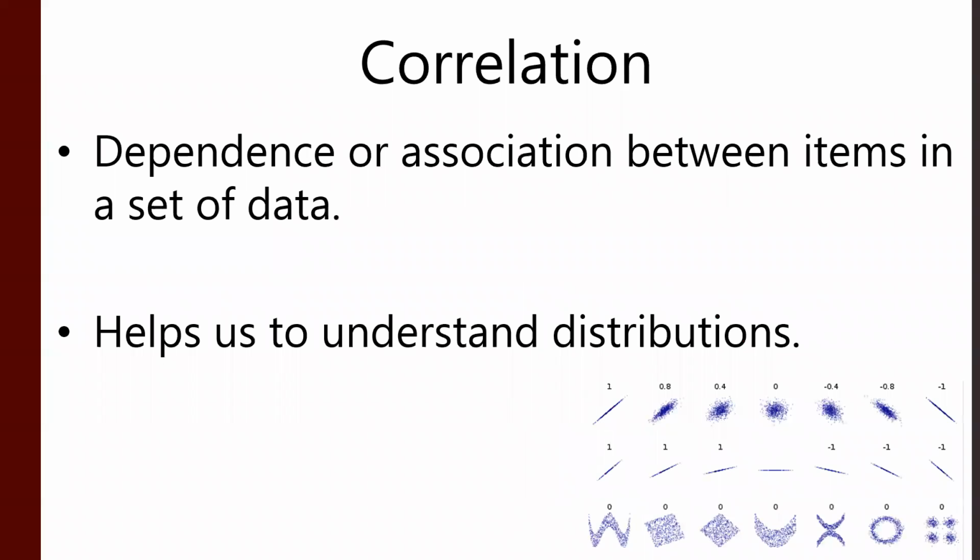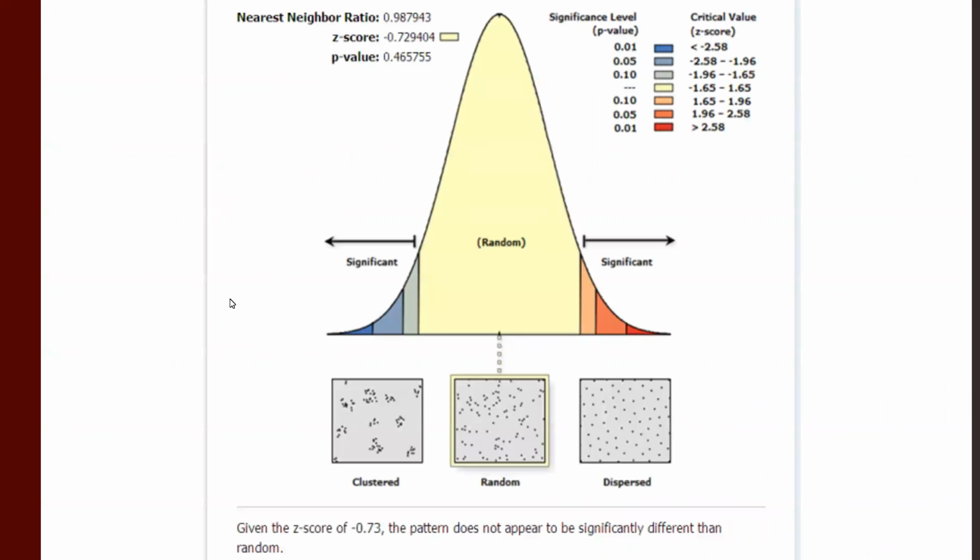And just like we have correlations in our distributions and our data sets, when we graph them, we can have distributions and correlations spatially as well. This is the outputs of one of the spatial tools inside of ARC, nearest neighbor analysis. Throw a bunch of points in there, see if there's a spatial relationship of those points. See if there are any correlations between how the points look and operate.